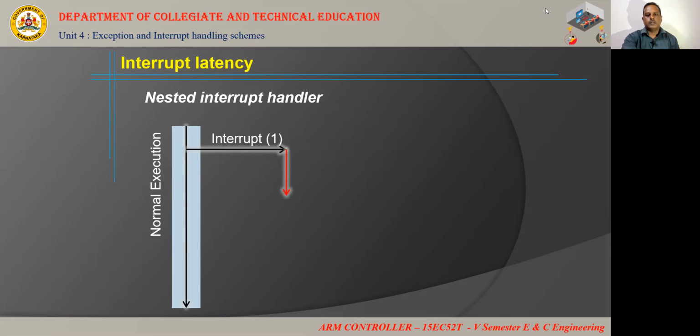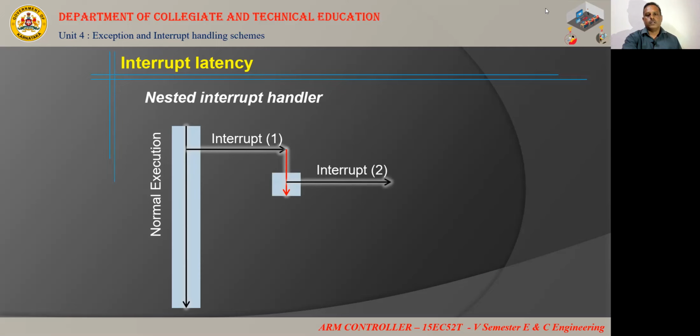When it is executing the interrupt service routine, it should re-enable the interrupts, so that if some other interrupt is raised, that will also be serviced. So that is why, when executing the interrupt handler, we enable the interrupt system and allow further interrupts to be recognized, and assume that another interrupt has popped up while it is servicing that interrupt. That is interrupt 2.